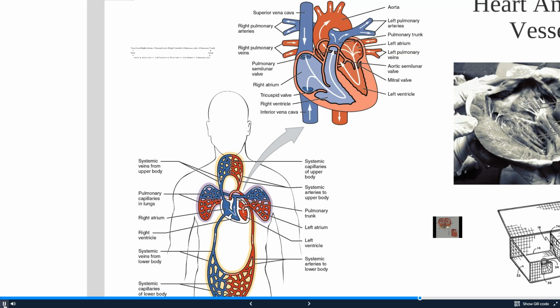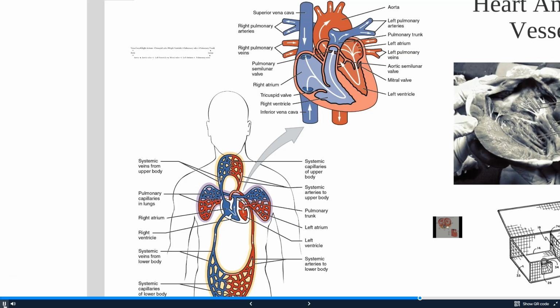But actually, arteries are vessels that carry blood away from the heart, and veins are vessels that bring blood to the heart. So the pulmonary trunk is a blue-colored artery because it's carrying deoxygenated blood away from the heart. And the pulmonary veins are red veins because they're bringing oxygenated blood back to the heart.